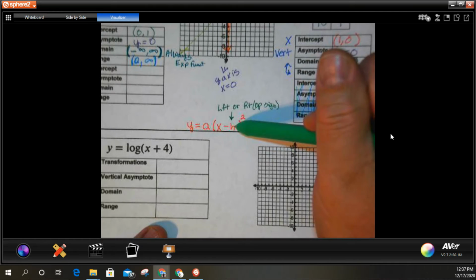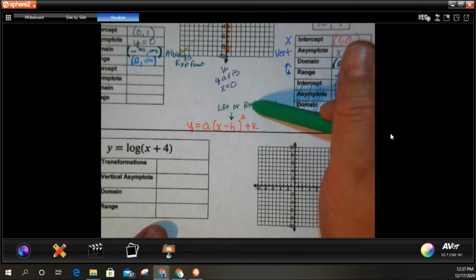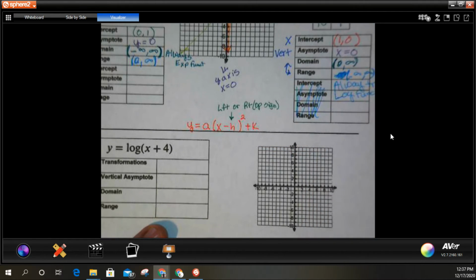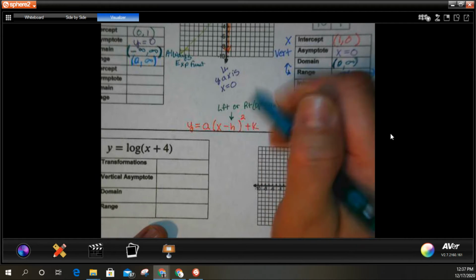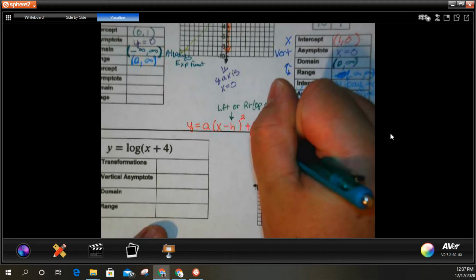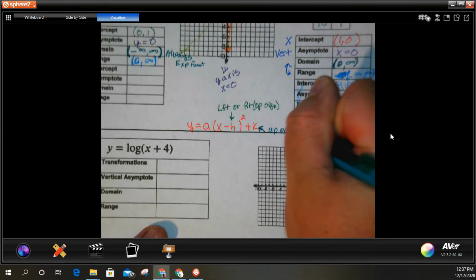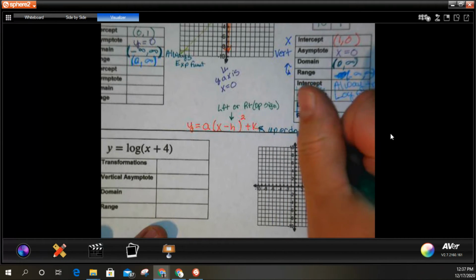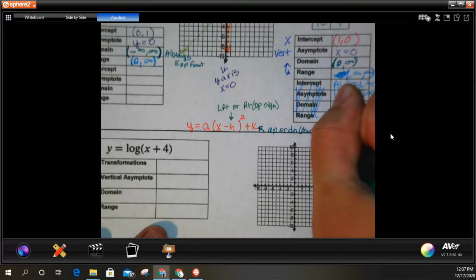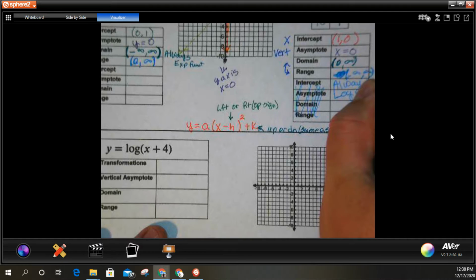And the k tells us up or down, and it's the same direction as the sign. So if I have a +5, it's going to go up 5. If I have a -5, down 5.